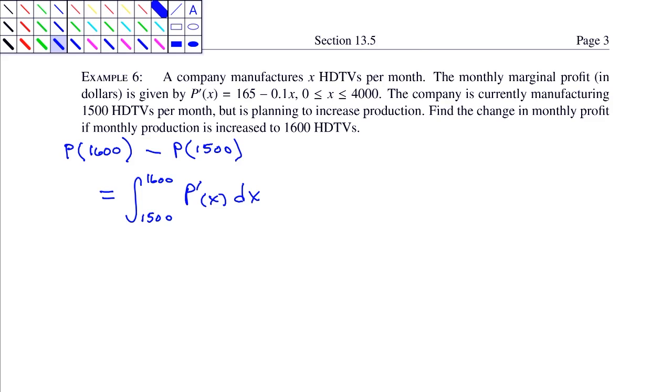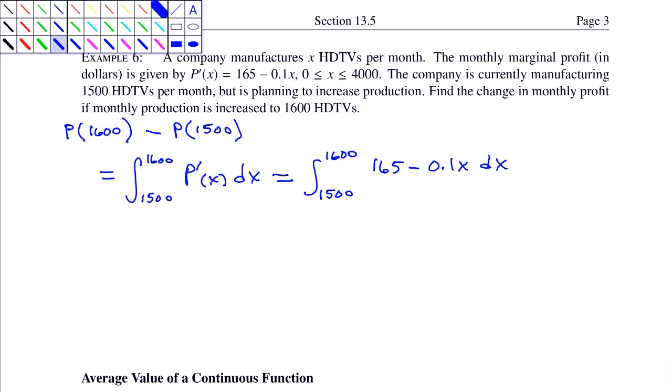So does everyone see how this relates to the antiderivative and the integral? You're looking for a change. That change comes about from taking the integral of the marginal function and evaluating at the endpoints. So what you're really looking for is the integral from 1,500 to 1,600 of 165 minus 0.1x dx. All right, go ahead and do that one with your partner.